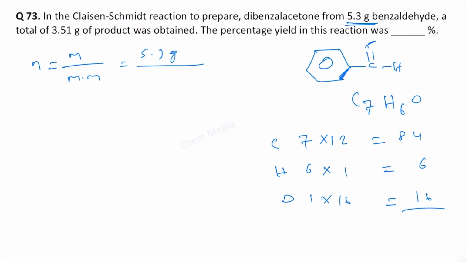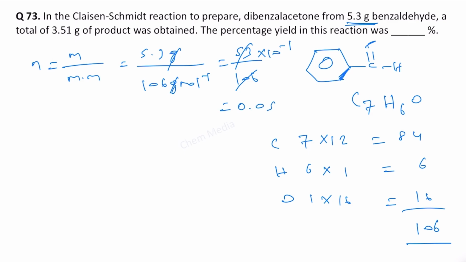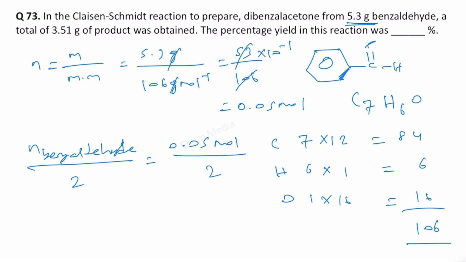So 84 plus 6 is 90, plus 16 is 106. So 106 gram per mole, which we can write as 53 times 10 to the power minus 1 divided by 106. So this is 1 by 2 times 10 to the power minus 1. Therefore this is 0.05 moles. So the number of moles of benzaldehyde divided by 2 is the theoretical yield. Therefore 0.05 mole divided by 2 is the theoretical yield of the product.